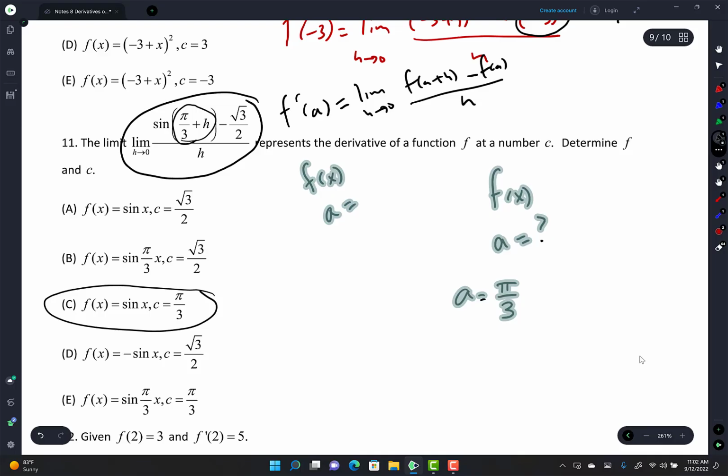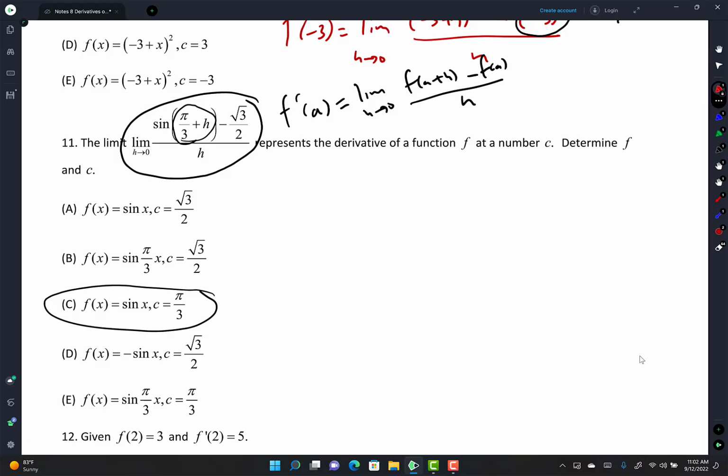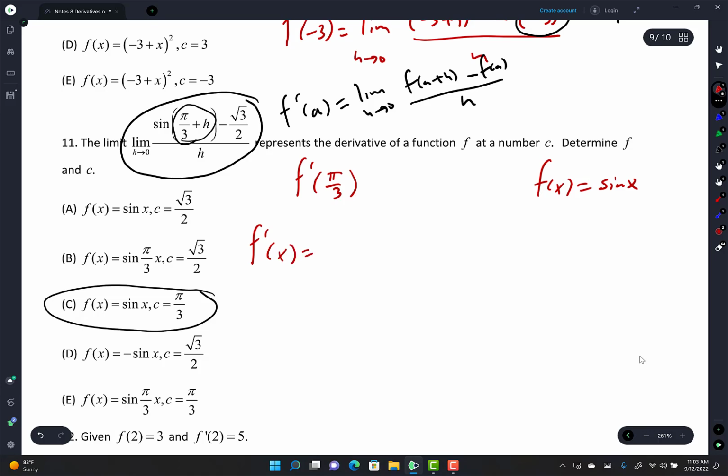Okay, seniors, really fast. If I were to tell you, give me the first step in finding the derivative at pi over 3, and I were to tell you that f of x is sine x, I would hope that you tell me before we even start, don't write anything down, just listen. You would say, well, the derivative is limit as h approaches 0 of f of x plus h minus f of x all over h. Yes or no?